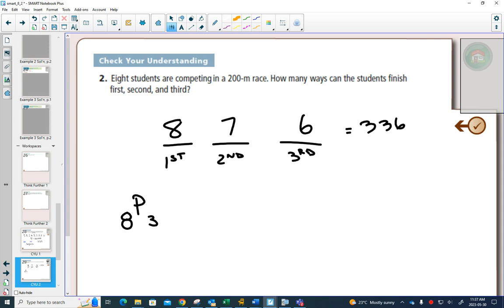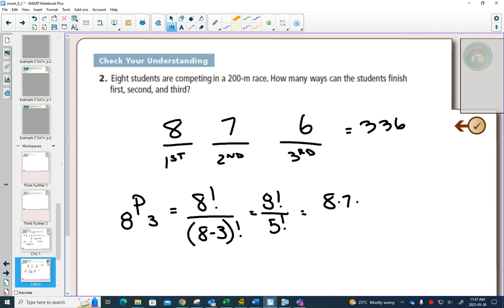But 8P3, according to the formula, is 8 factorial over (8 minus 3) factorial, which is 8 factorial over 5 factorial. And if we write out what 8 factorial means, 8 times 7 times 6 times 5 times 4 times 3 times 2 times 1, divided by 5 factorial, which is 5 times 4.